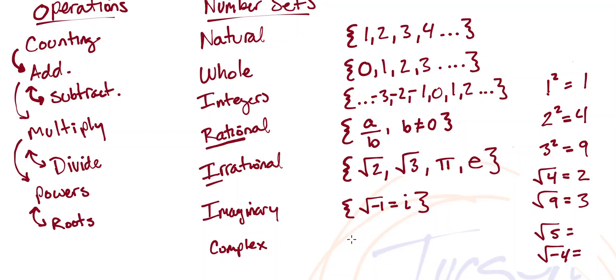So that is, we'll say a + bi, so that a is one of these irrational or rational numbers, and then b is one of those rational or irrational numbers multiplied by i, which is an imaginary number. That's really deep in the weeds. Don't worry about that.